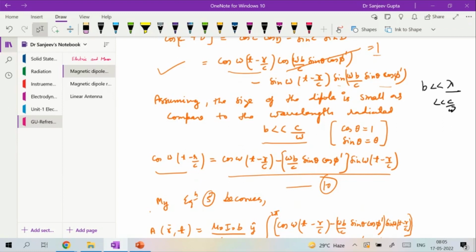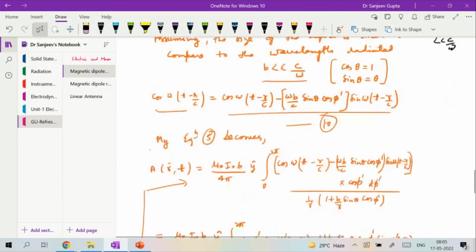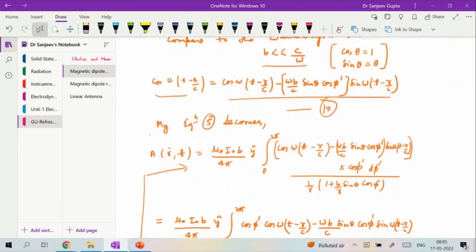That's equation number 10. Now this cos omega value, I'm putting in equation number 5 where it is demanded.